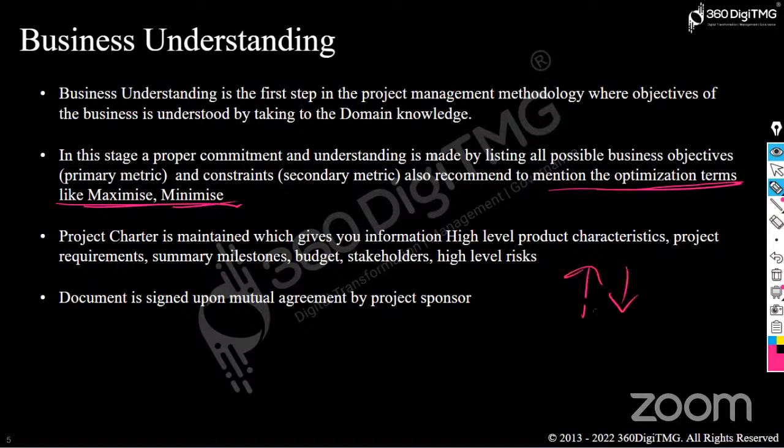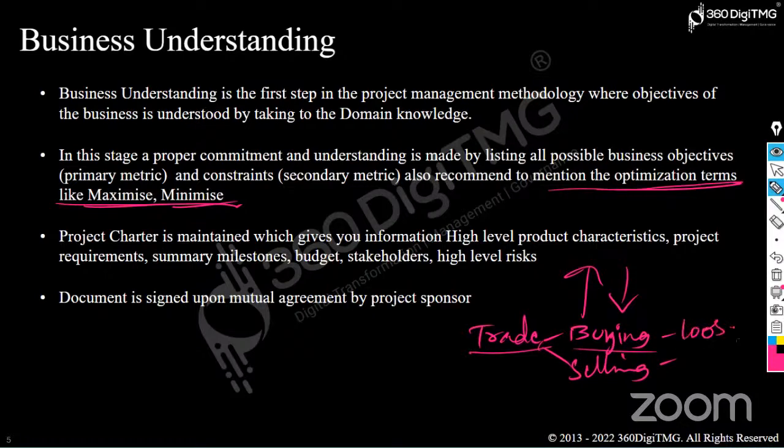See, when I say the trade concept, it is going to have options like buying and selling. So with buying, they will be the loser because they are spending money. When they are selling, they'll be getting money and they'll be in profit.